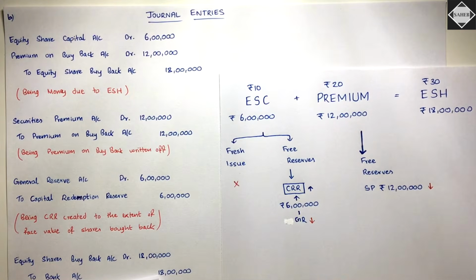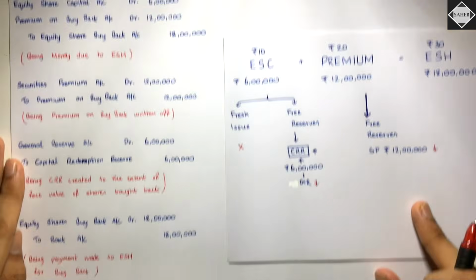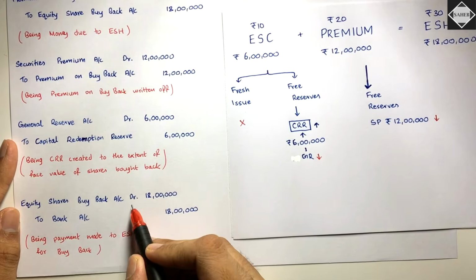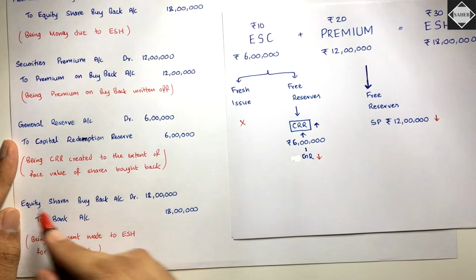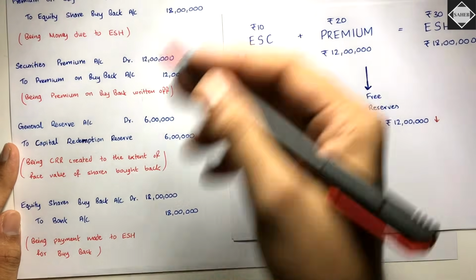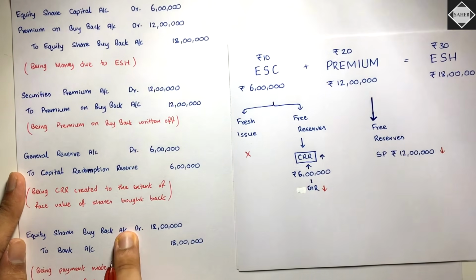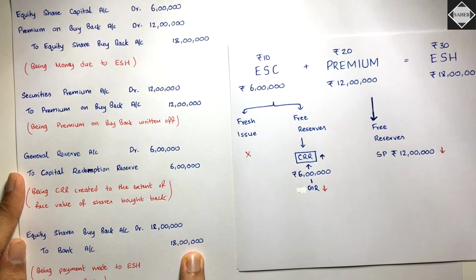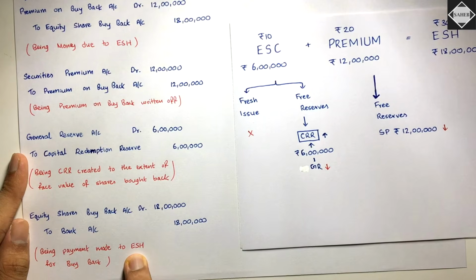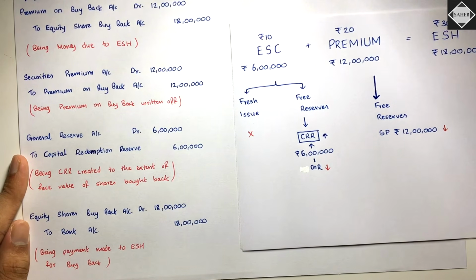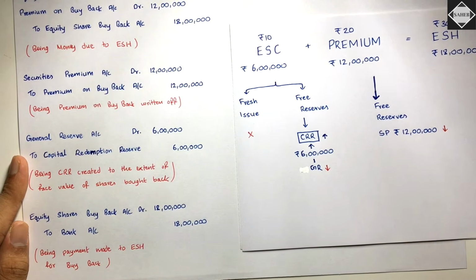Now at the end, that liability you have to extinguish, you have to cancel, because you are making the payment. That's why equity share buyback account debit, liability is being reduced. So you are debiting that 18 lakh, cancelling the liability, and then payment is being made to bank account 18 lakhs. Being payment made to equity shareholders for buyback. Is that clear? Simple and straightforward.